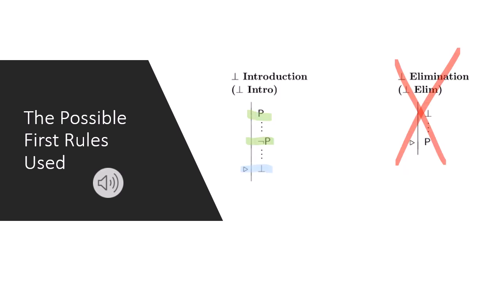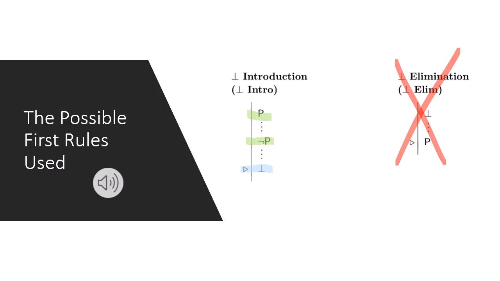Now let's look at the introduction and elimination rules for contradiction. The first thing to note is that contradiction elimination is not going to be a rule that we could apply at this point. The reason why is that, again, we're in the first rule that we could have applied. And to apply contradiction elimination, you would have had to have arrived at a contradiction.